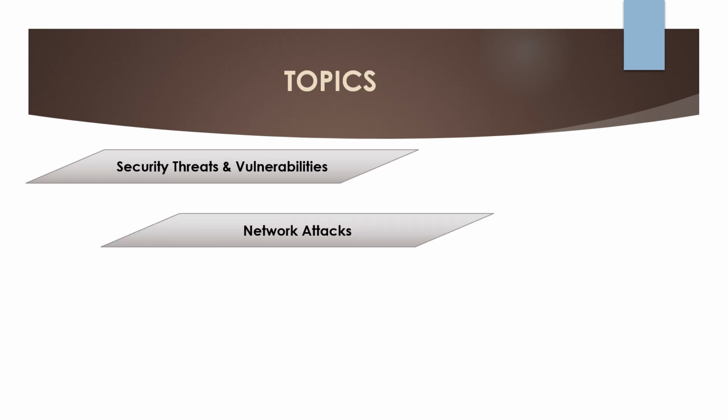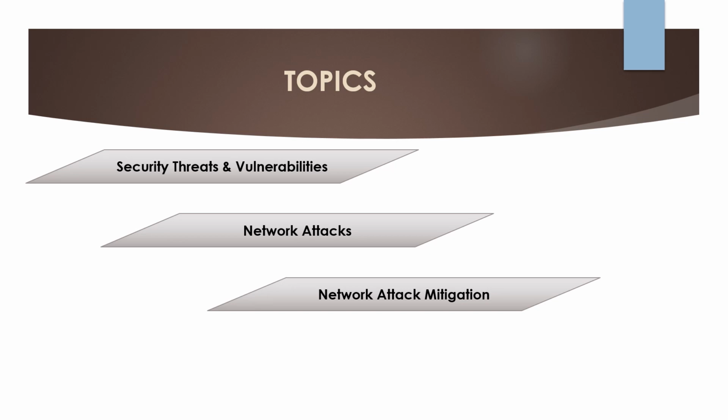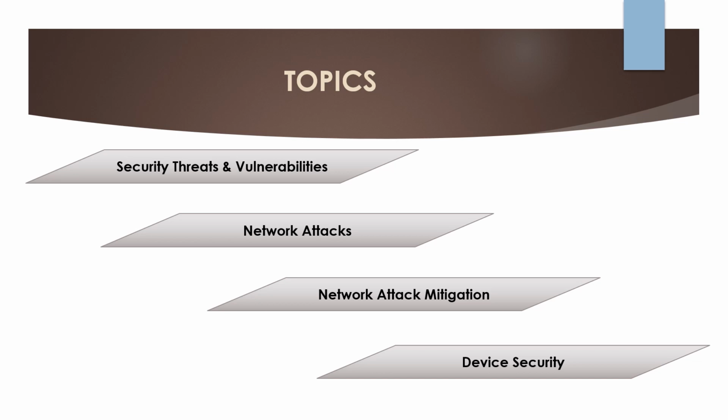We will talk about network attacks, where we will identify security vulnerabilities, and we will even focus on network attack mitigation, where we identify general mitigation techniques. And lastly, we will talk about device security, where we will configure network devices with device hardening features to mitigate security threats. And in the first material of the network security fundamentals, we will focus on the first two topics. So let's go.